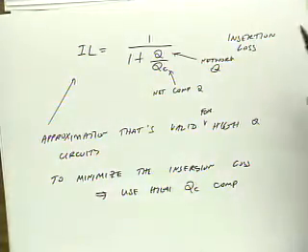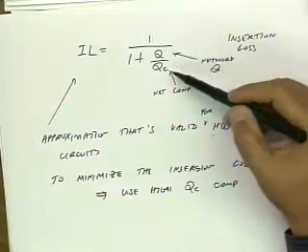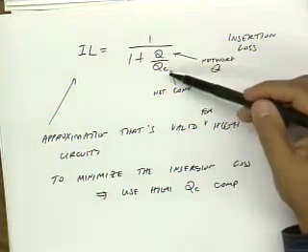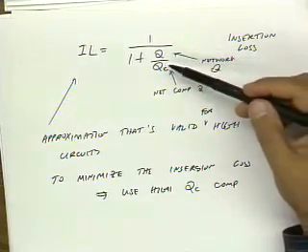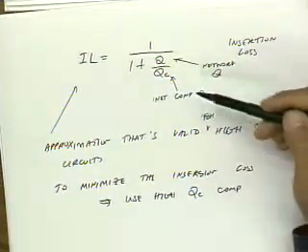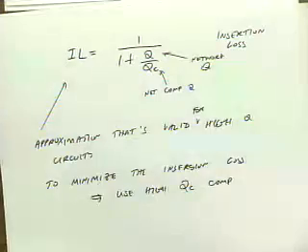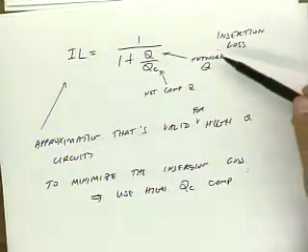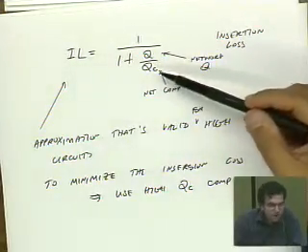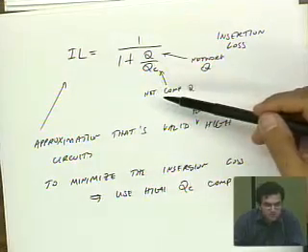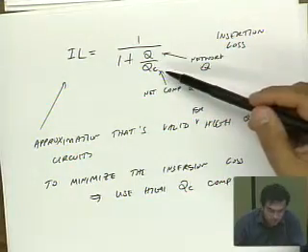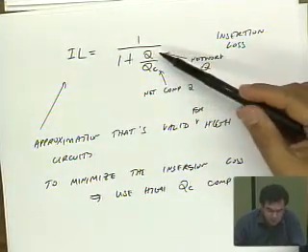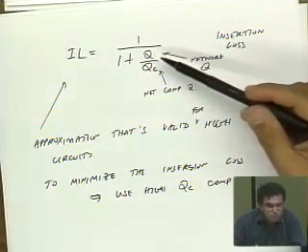But what's important is it's not the absolute quality factor that matters, it's the relative quality factor, relative to the network Q. So if someone tells you, hey, I'm designing a matching network and my quality factor is 2, should I use a QC of 1,000 or a QC of 100? Well, don't spend your money on that expensive component that has a QC of 1,000 because your network quality factor is only 2.